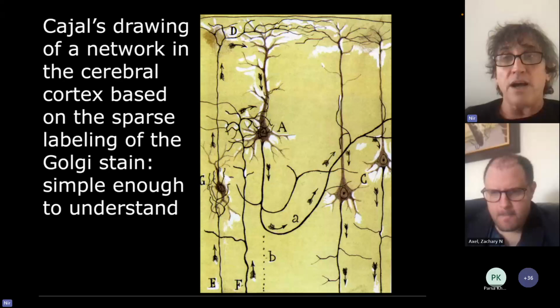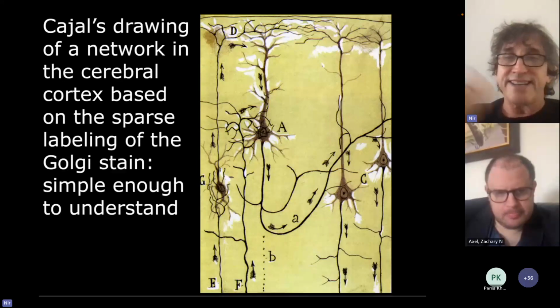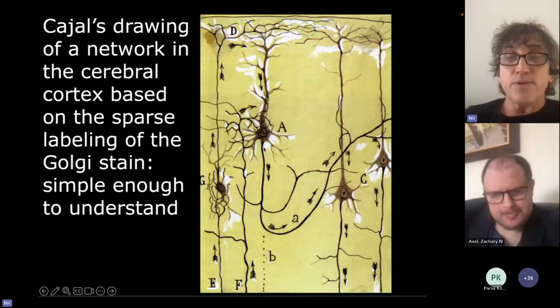At the time, before Cajal, Golgi and others thought that the brain was one big connected cell. Cajal, just by looking at light microscopy images, came up with the idea that actually the neurons are separate cells and each one is firing down the axon to another cell.